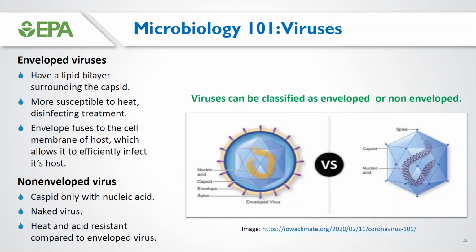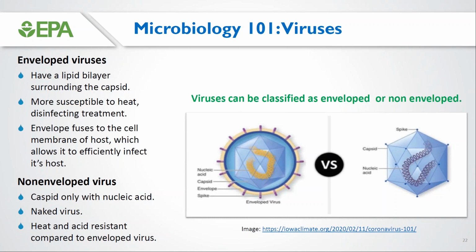Non-enveloped viruses are sometimes referred to as naked viruses. And in addition to these different features, the viruses can either have DNA or RNA, and the DNA can either be double-stranded or single-stranded.